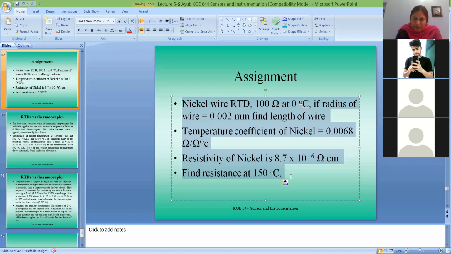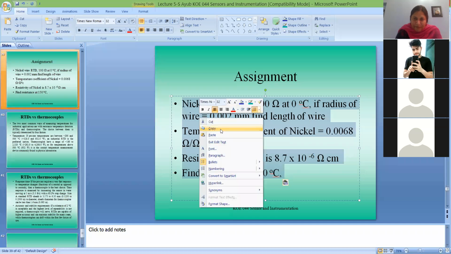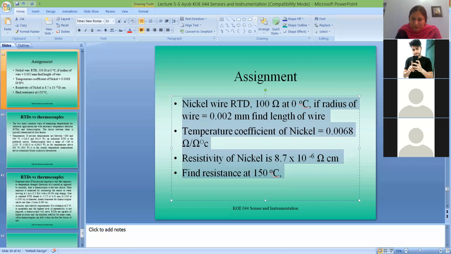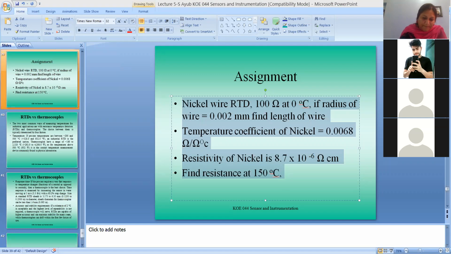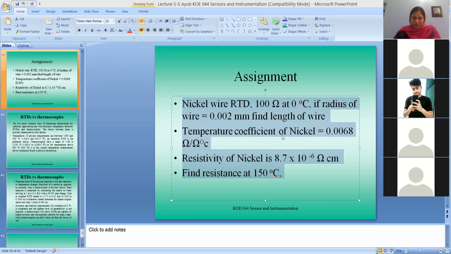So I will write it down in chat box. So I have given the problem in chat box. You can take from there also.